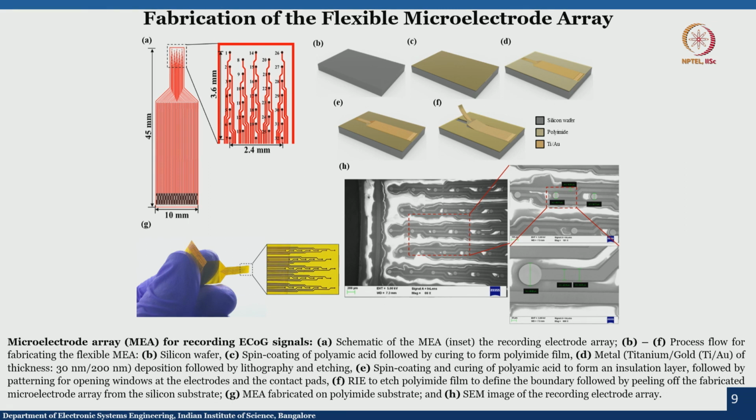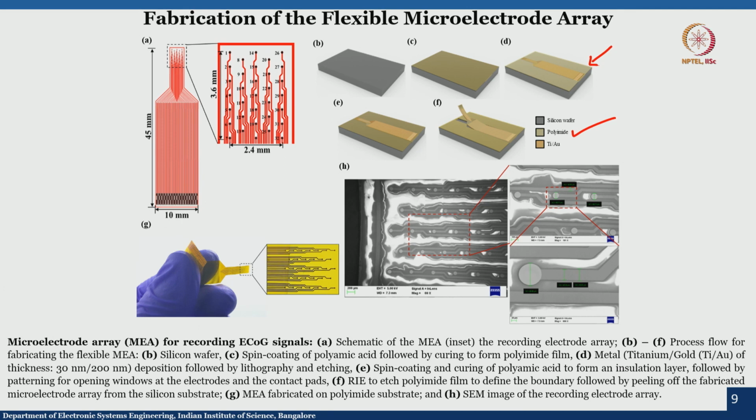On this we spin coat the polyimide and then cure it, on which we deposit titanium and gold, because titanium helps in improving the adhesion to gold. Then this titanium gold is patterned.